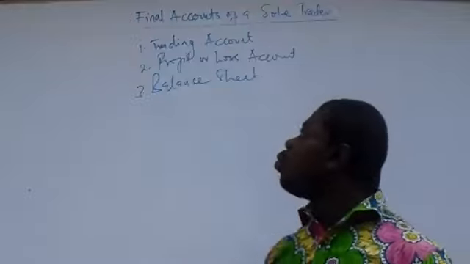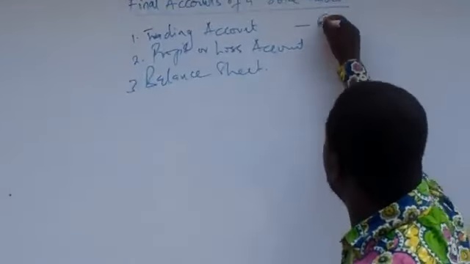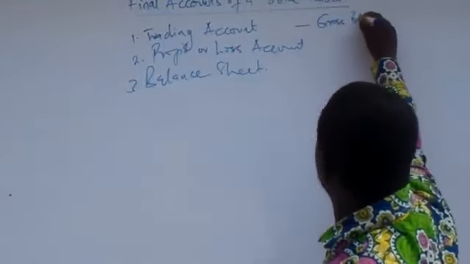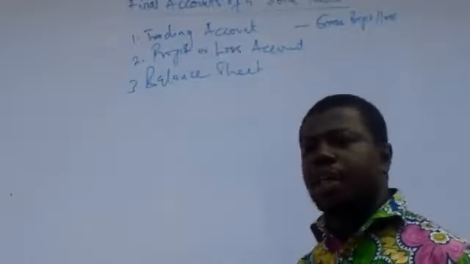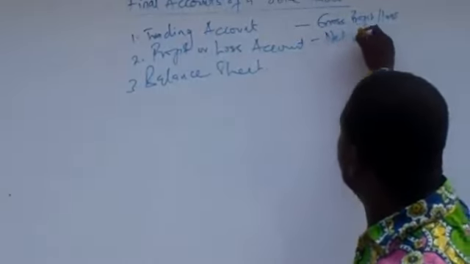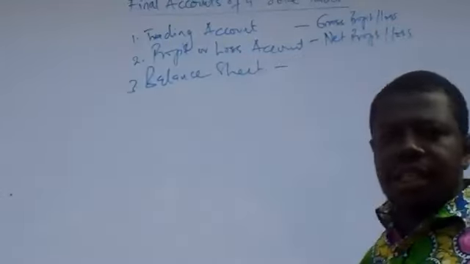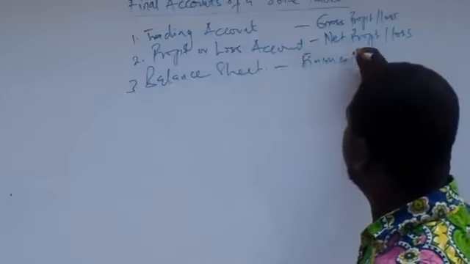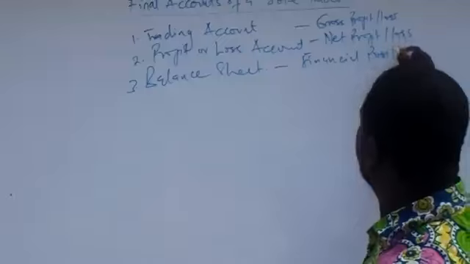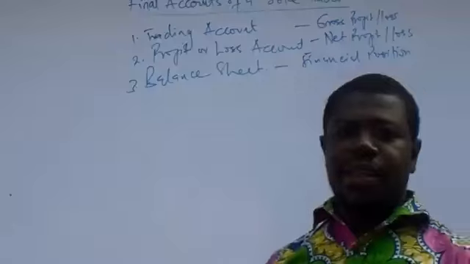The trading account is prepared at the end of the year to show the gross profit or loss, and then the profit and loss account is prepared to show the net profit or loss. And then the balance sheet is prepared to show the financial position of the business. Alright, so these are the three statements.